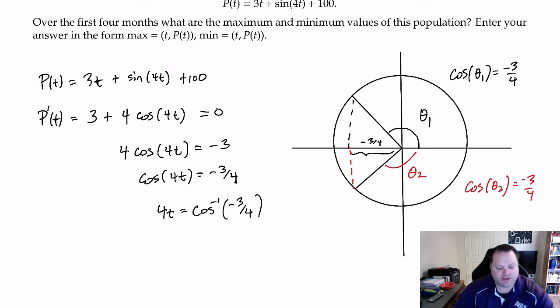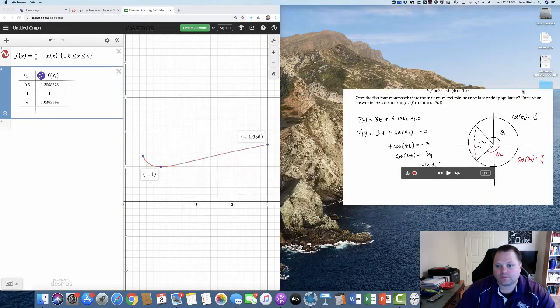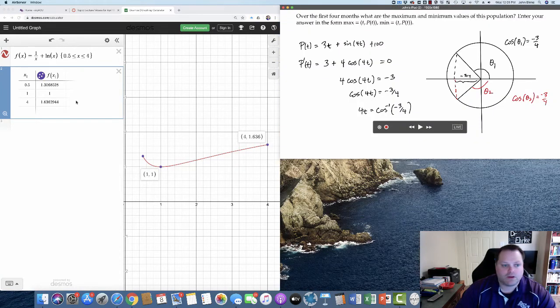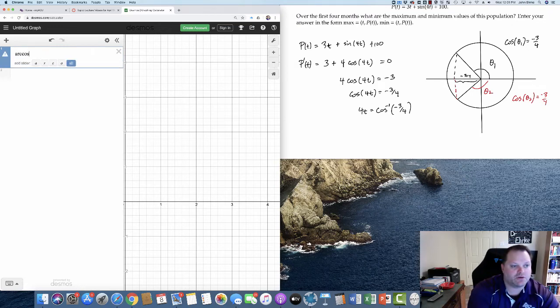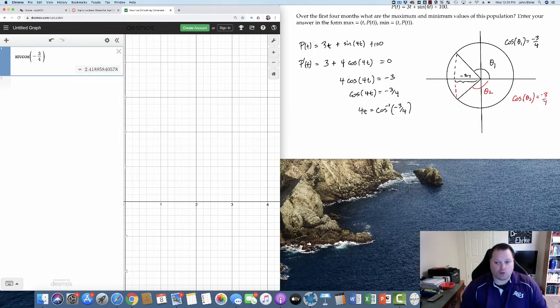So let's look at what Desmos is going to tell me when I plug in cosine inverse, which is arc cosine, of negative 3/4. Okay, it's giving me the value 2.418.